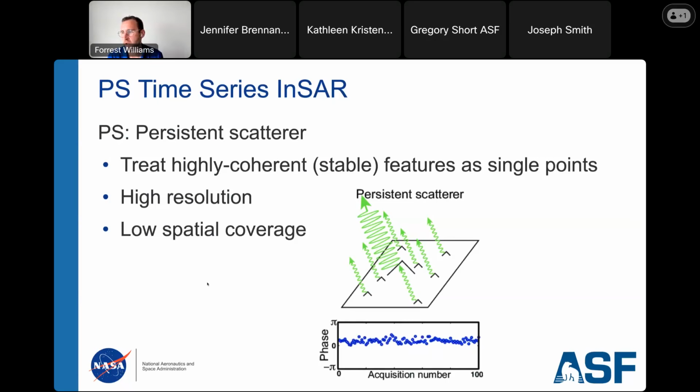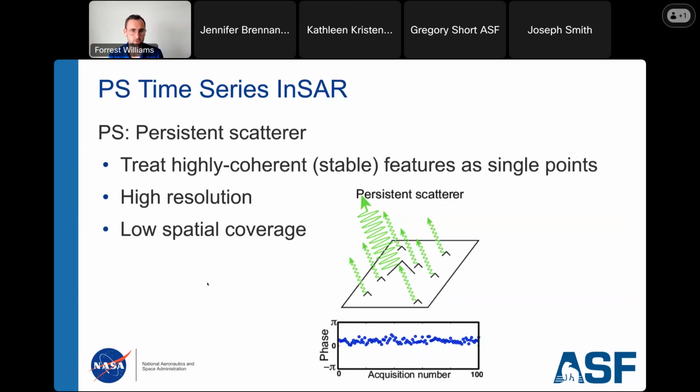In particular, imagine that you're trying to do a time series InSAR analysis for a building or a barren rock outcrop that we would expect to have a very strong signal in the radar return, and also to not have very much random motion that would cause it to have jitter over time in the InSAR analysis.